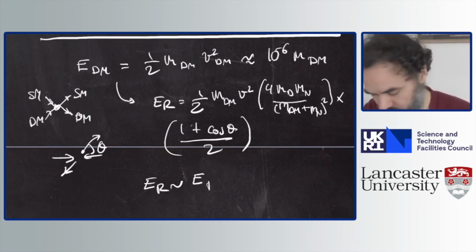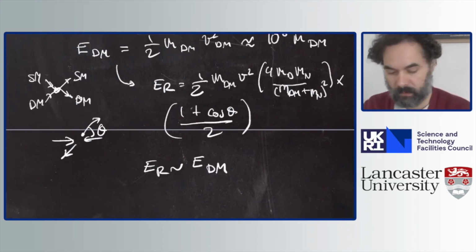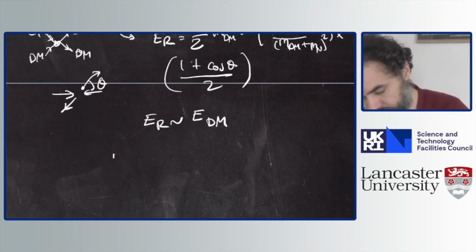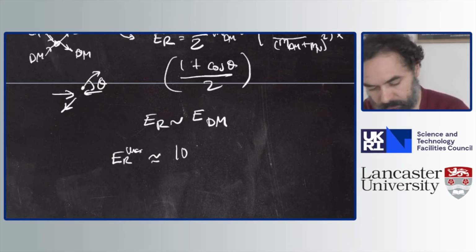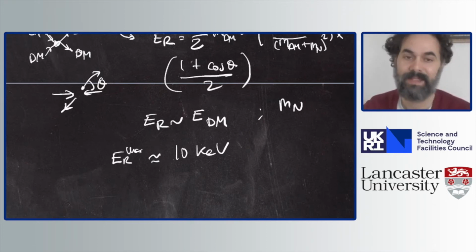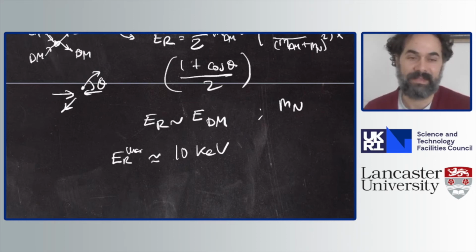So you put numbers in, this corresponds to 10 keV. So assuming that the mass of n, which is the standard model particle, and I'm talking about a particle, but in my mind I have any standard model element, in this case the nucleons in a detector.